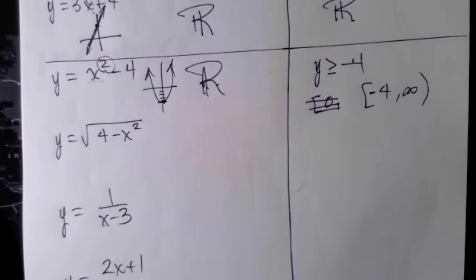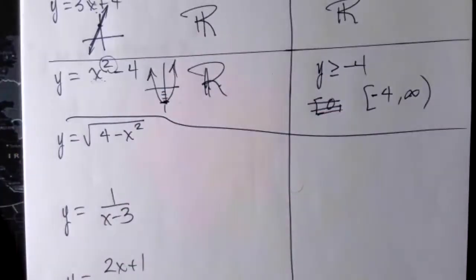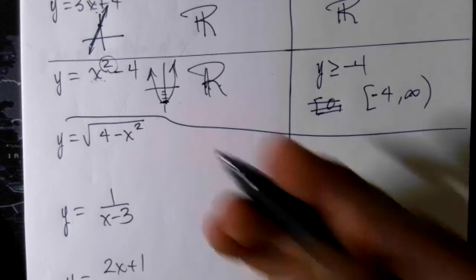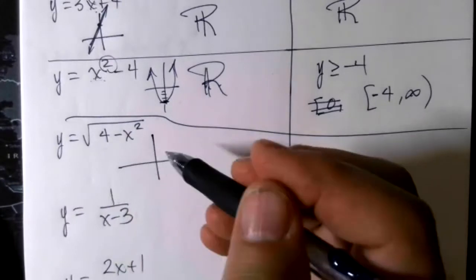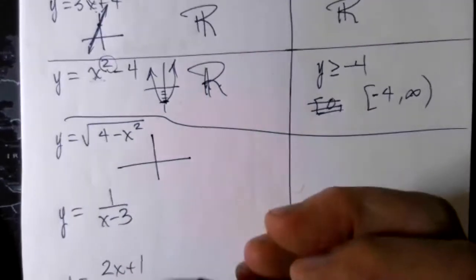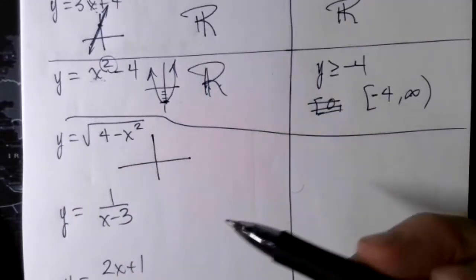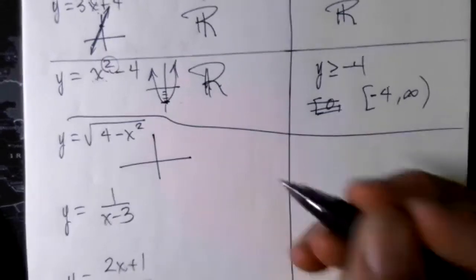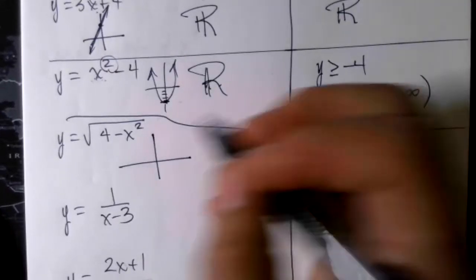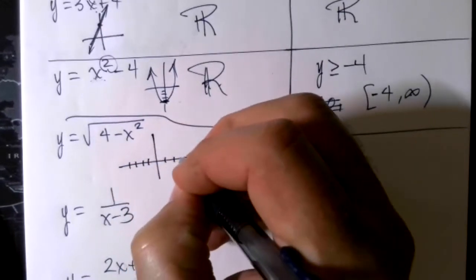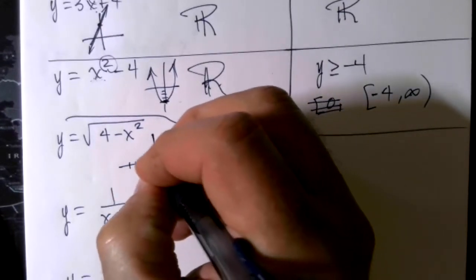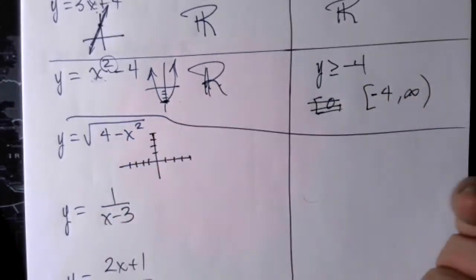All right, now I'm being a little mean to you on this next one. So you could play with this on your calculator. I'd be shocked if you could just look at that equation and know what it is. Now, the other issue with the calculator is if you don't have your window set in such a way, you might not see exactly where this thing does stuff.